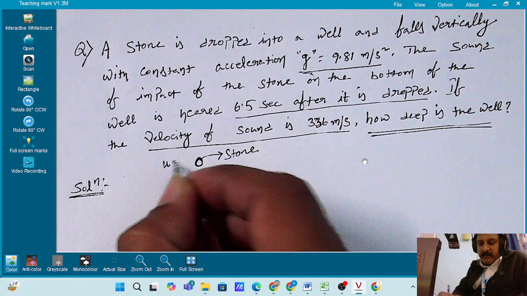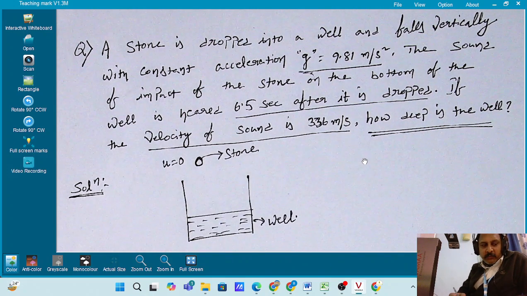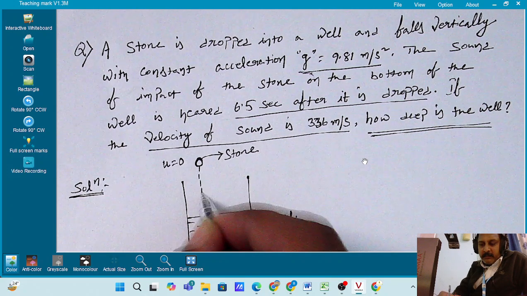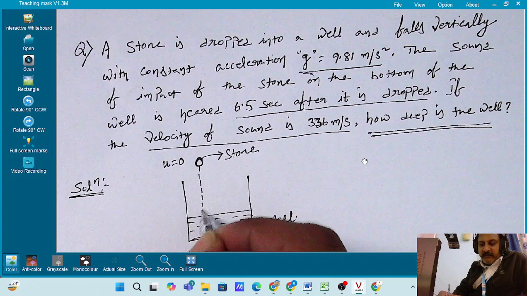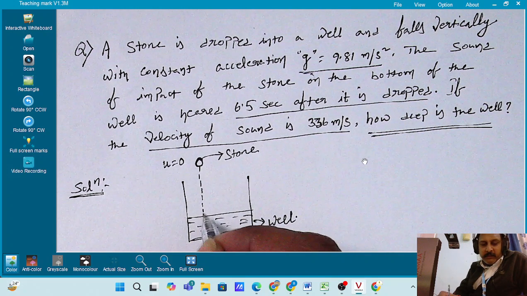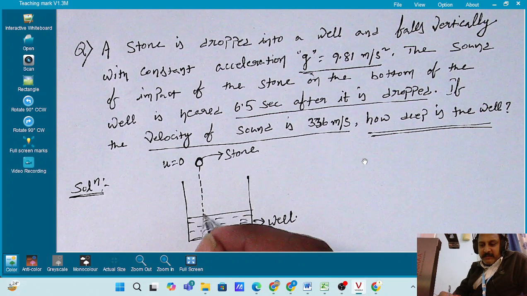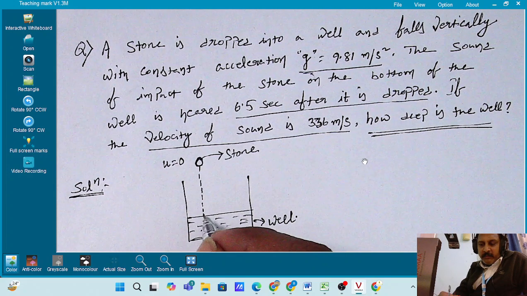So when we drop it, the initial velocity of the stone is taken as 0, so u is equal to 0. Due to gravity it moves in the downward direction, and when it touches the surface of the water, a sound is created.